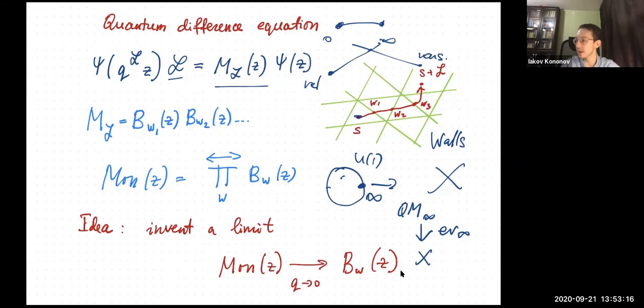So the idea now is, the monodromy is known to be the elliptic R-matrix. This was proven by Mina and Andrei. So it's a purely geometric object. And the idea is to get B_W of z, the wall-crossing operators, as certain limits of the monodromy.